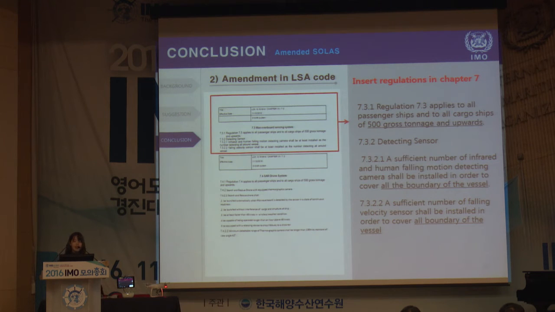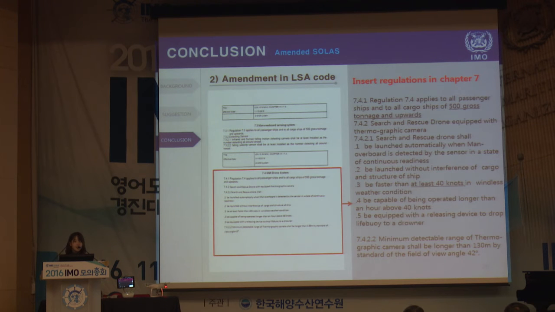Next, we revise LSA code. We insert regulations in Chapter 7, other life-saving appliances. We should adjust all the passenger ship and cargo ships over 500 gross tonnage. And this regulation is associated with man overboard sensing system that cover all the boundary of the vessel.